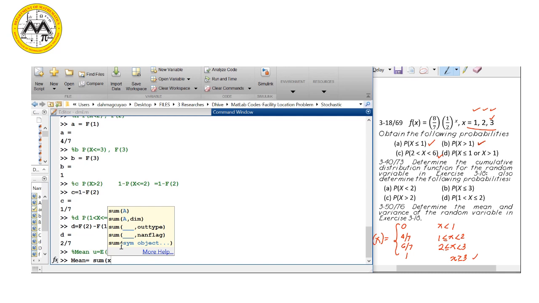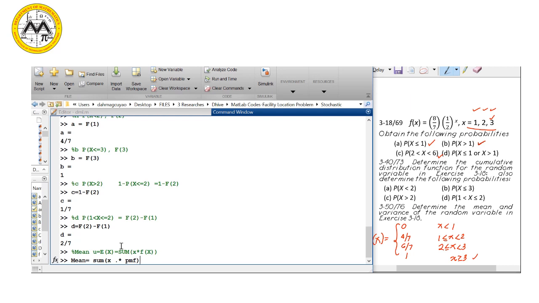What are the x's? So we have x dot asterisk PMF of x. If we multiply x to its corresponding probability mass function, we're going to have the mean.